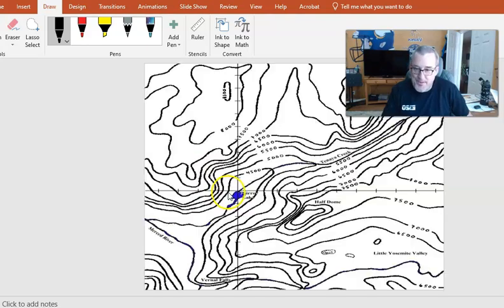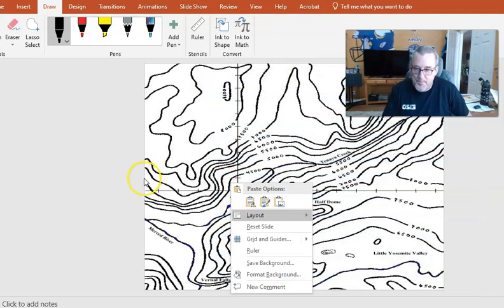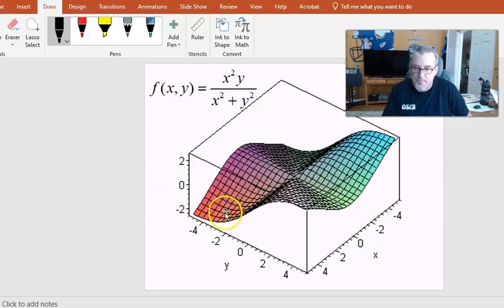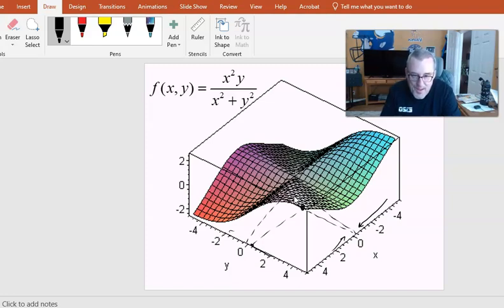In the case of f of (x, y), here it is. As x approaches 0 from any which way, and as y approaches 0, and as (x, y) together approach (0, 0), it's hard to represent this, but there's (0, 0, 0).